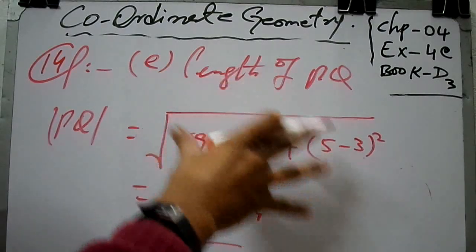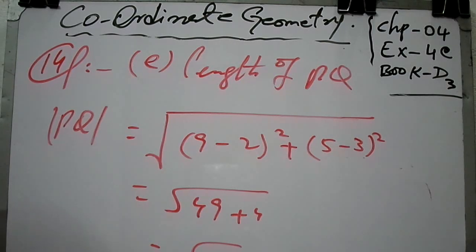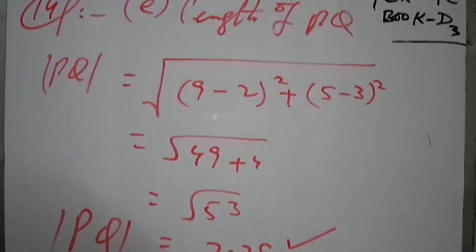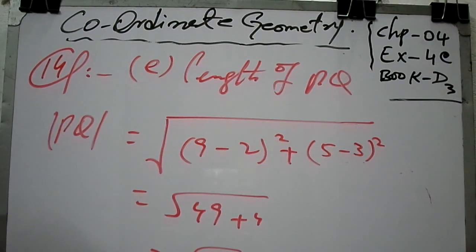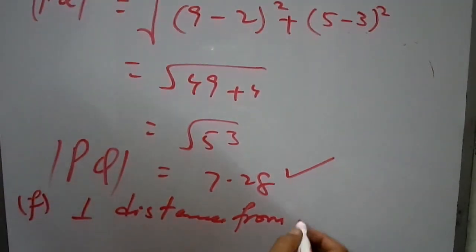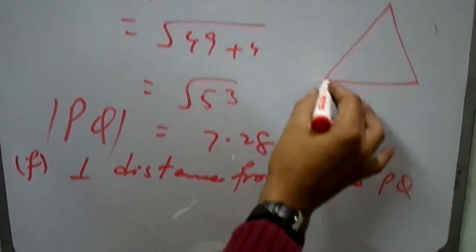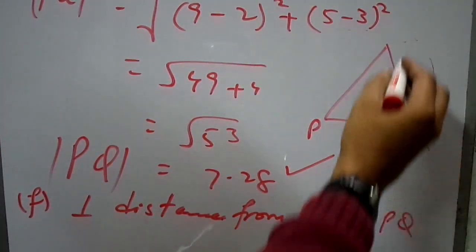Now coming to the F part of this question, we have to find the perpendicular distance from R to PQ. Just a few moments before, I have to draw the figure here.